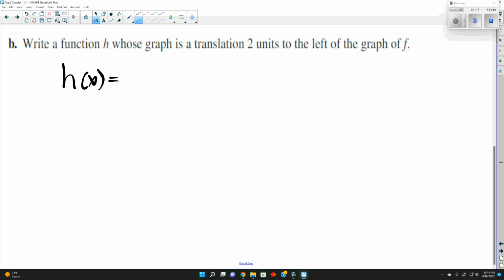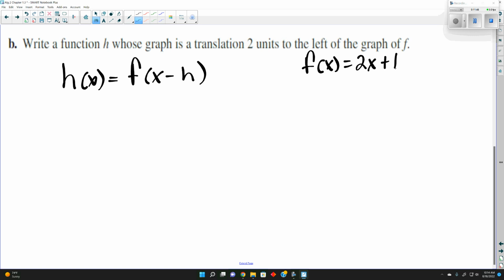So when we talk about left and right, we're talking about f of x minus h. When we make a horizontal translation, we're using this here. Now again, we're still using the function f of x equals 2x plus 1.